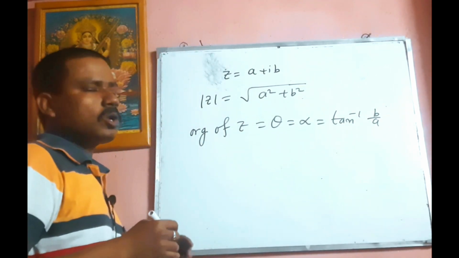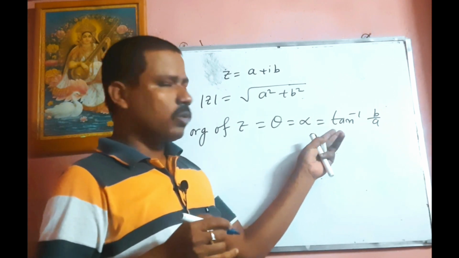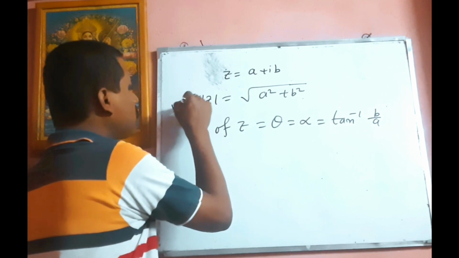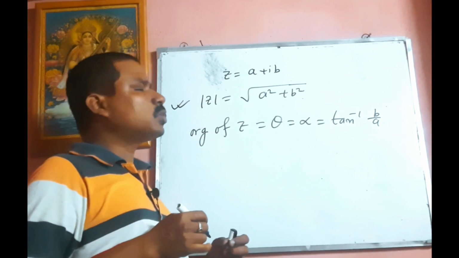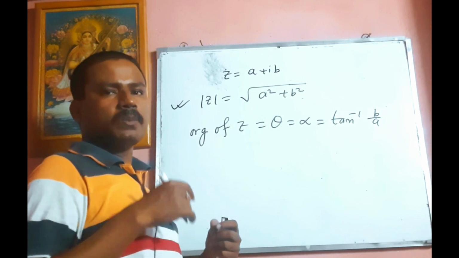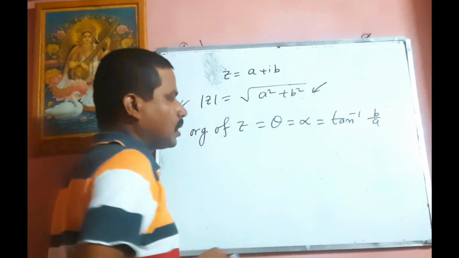Similarly, the modulus of z is equal to root under real part square plus imaginary part square, but i is not there.